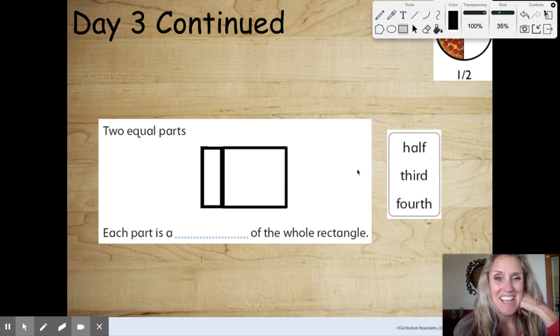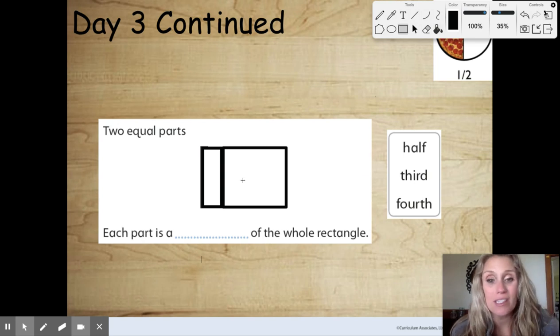No. I'm just seeing if we're paying attention here. This is not 2 equal parts. You should notice that when I am taking this little section off here, and then this big section off here, imagine if this was a chocolate bar. You would not be very happy if a friend said, oh, I will split it in 2 equal parts so you can have some and I can have some.